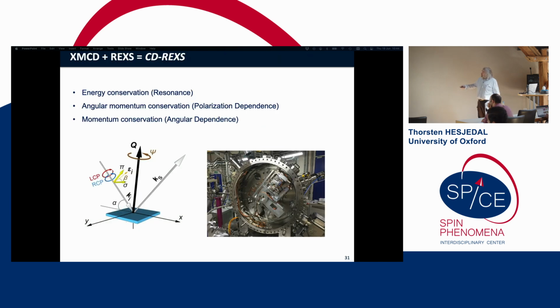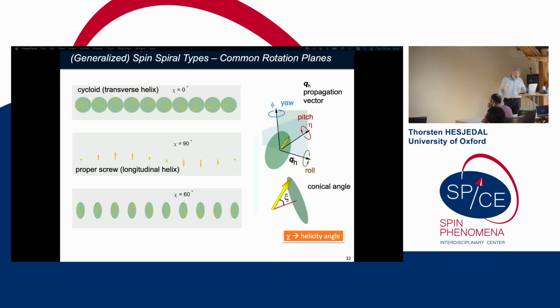In the setup, we can also do scattering with linearly polarized light, so it's either pi or sigma, but in our case the analyzer allows us to continuously change the polarization angle as well. The other degree of freedom we need, this is our sample, so ki, ks define the scattering plane, is the rotation of the sample about Q, the scattering vector, and that's the angle psi. So if you have all of that, you can get going.